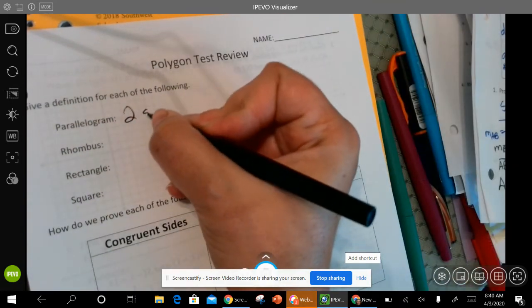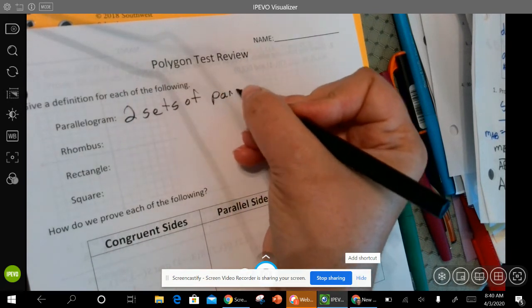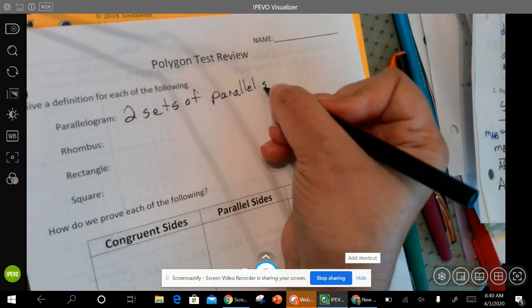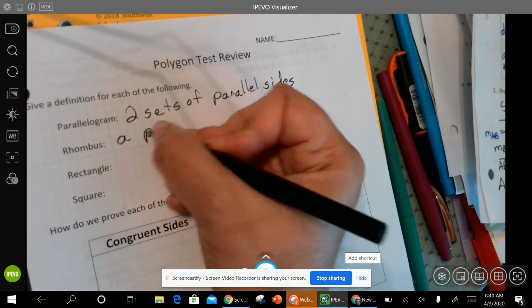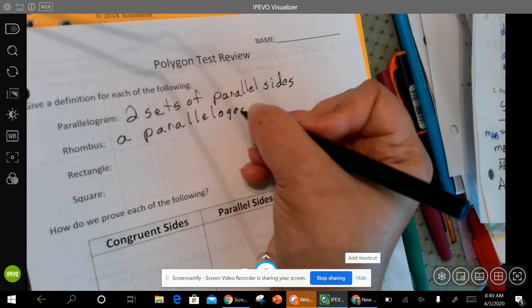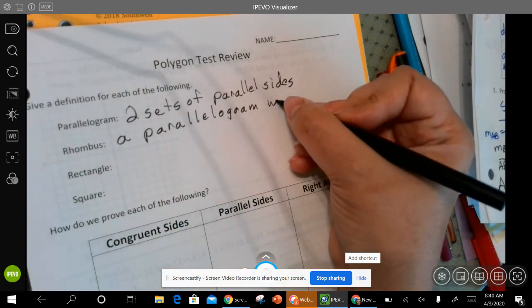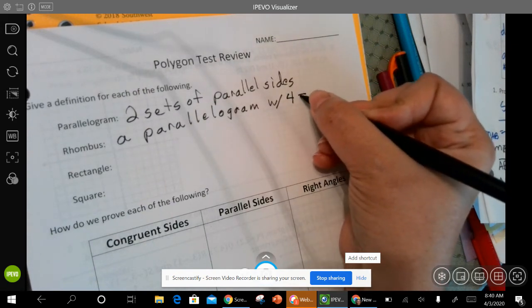Parallelograms have two sets of parallel sides. A parallelogram. So a rhombus is a parallelogram with four equal sides.